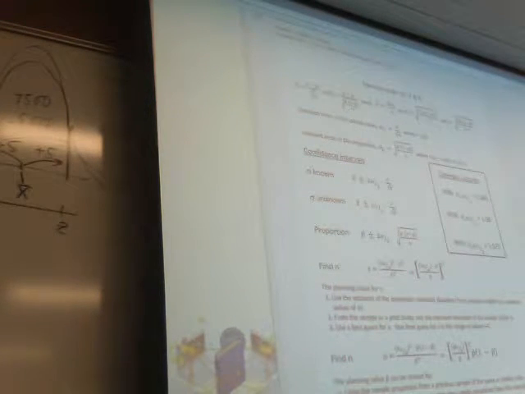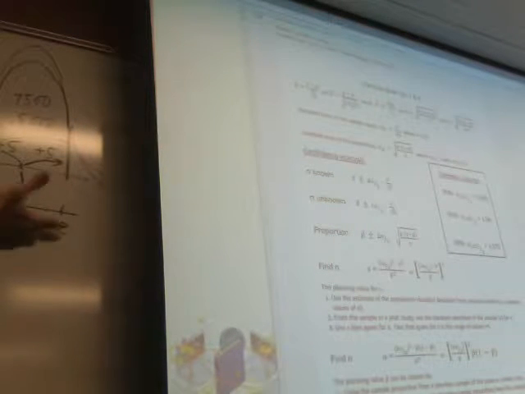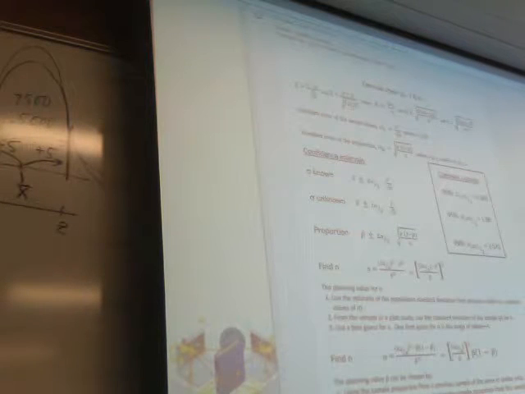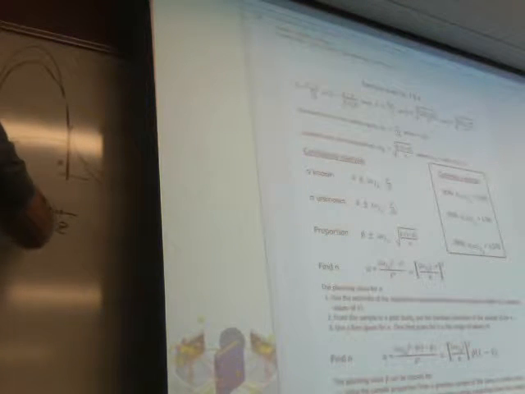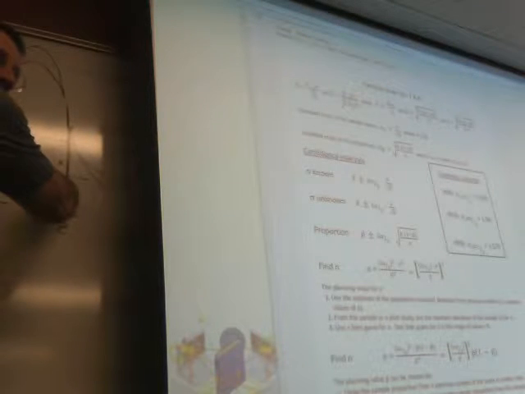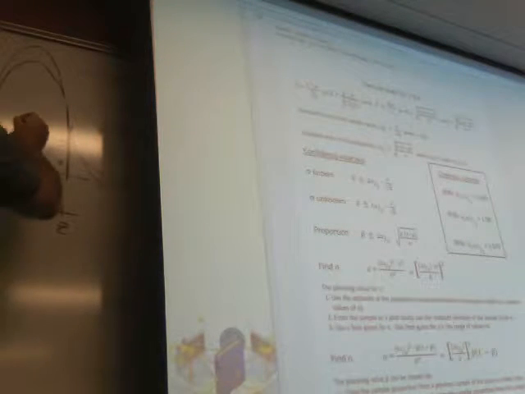Then in chapter 8, we did something a little different. Instead of the data telling us how confident we are, 50 or 75%, in chapter 8 we said, let's figure out what our interval is, our plus and minus, when we're 90%, 95%, or 99% confident.